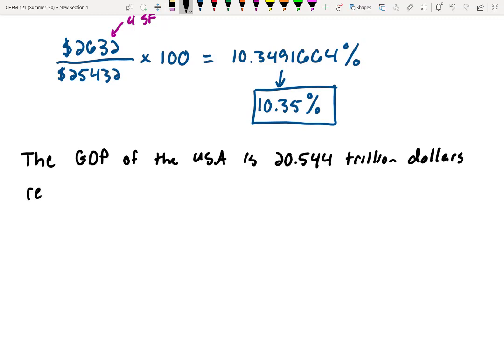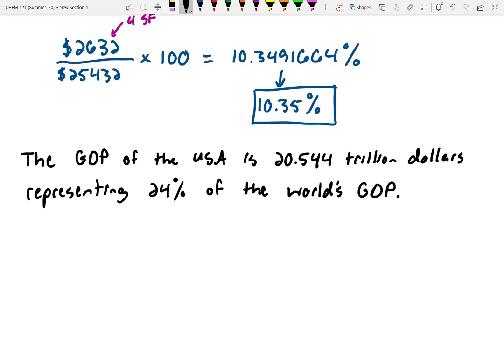And this represents about 24% of the world's GDP. So the question is, what is global GDP?